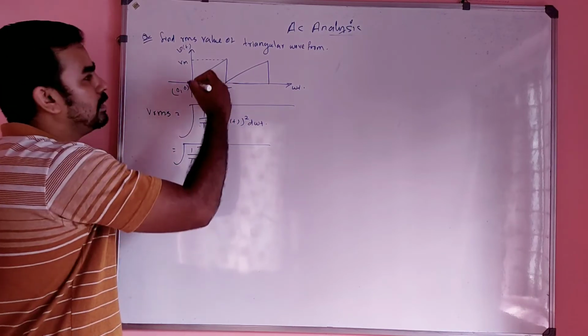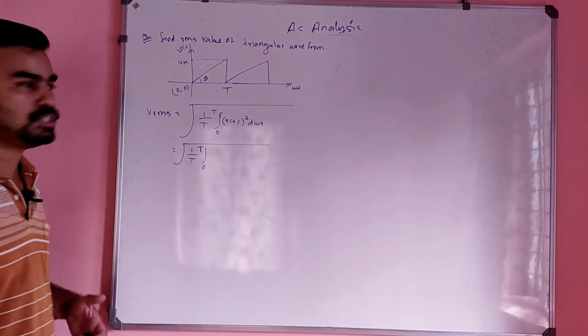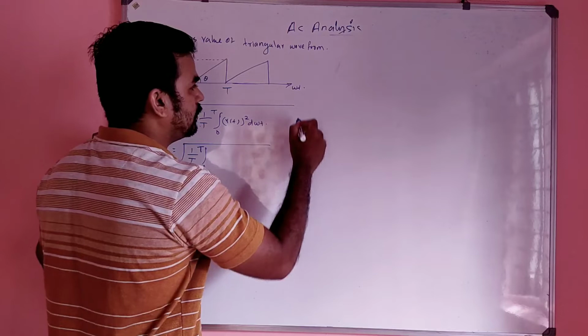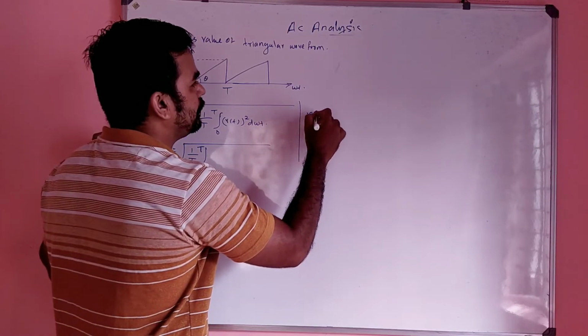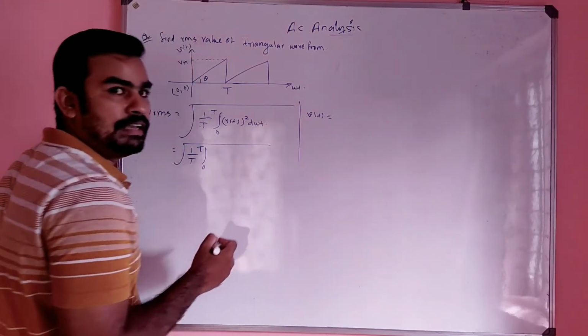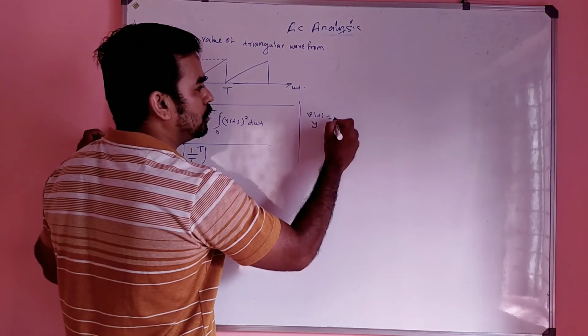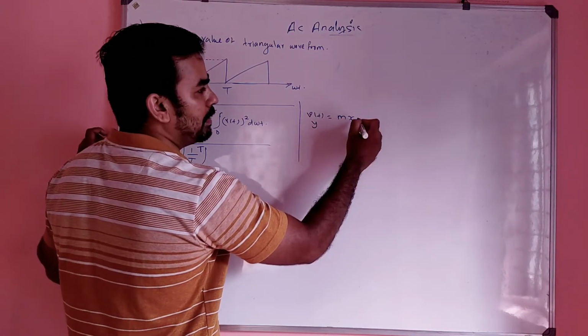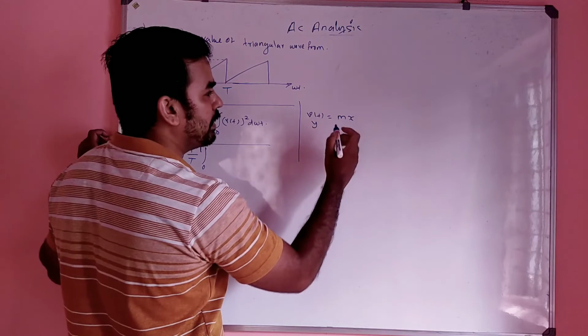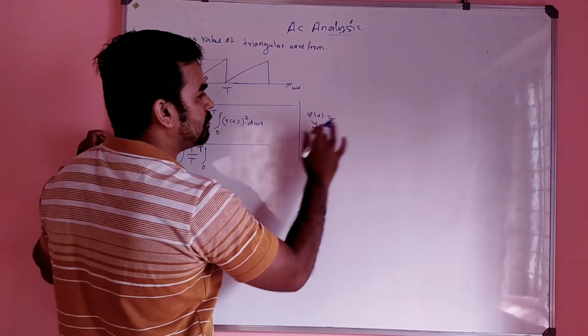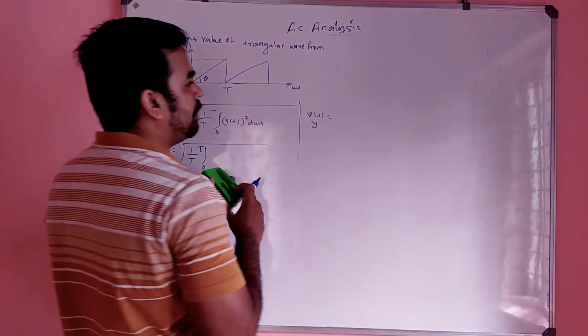Let the angle be theta. Then this will be a straight line passing through the origin. So what will be v of t? It is like y is equal to mx, right? What is the value of m here?